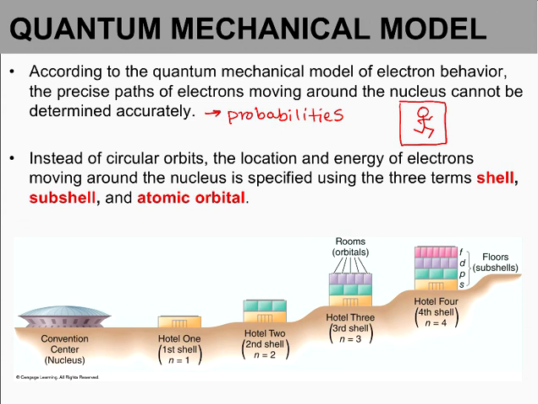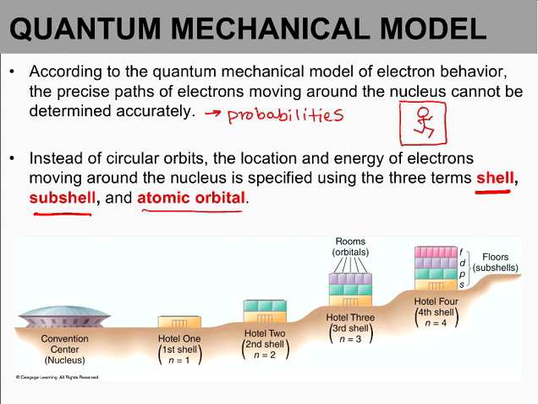Now, instead of circular orbits like in the Bohr model, the location and energy of electrons moving around the nucleus is specified using 3 terms: shell, subshell, and atomic orbital. So down below I have an analogy using these 3 terms.